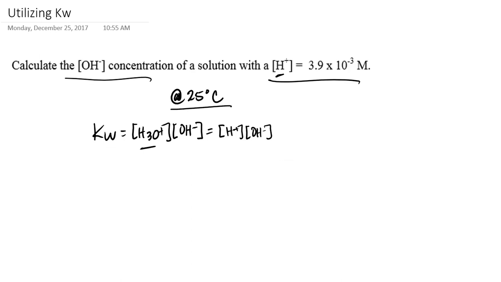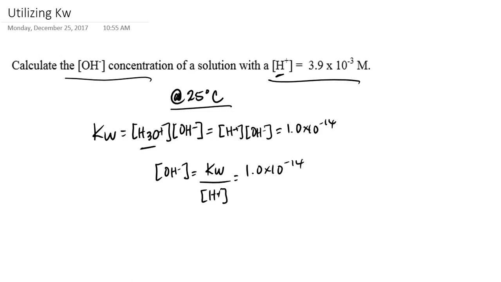And again, assuming that we're at 25 degrees Celsius, that means that this is 1.0 times 10 to the negative 14th. So if I want to calculate the hydroxide ion concentration, all I need to do is take Kw and divide by the hydrogen ion concentration. And if I do that, that's 1.0 times 10 to the negative 14th divided by 3.9 times 10 to the minus 3rd.